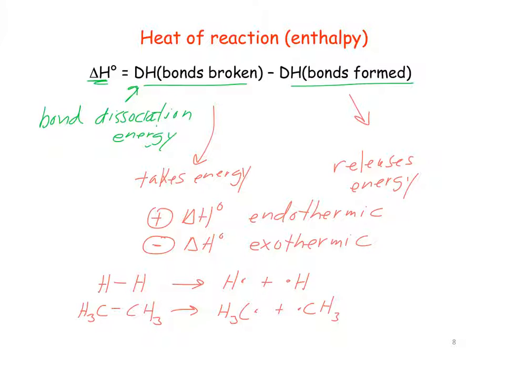All right, so let's look at a reaction, and I'll show you how we can use this equation to calculate the change in enthalpy, or the heat of the reaction. Let's look at this reaction here. We're going to start with ethene, which is unsaturated, and we're going to react it with hydrogen.